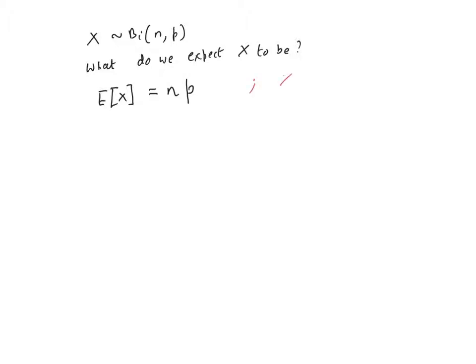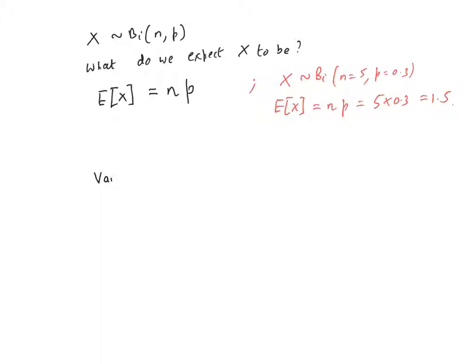And as a simple example of that, if you have X following a binomial distribution with n equals 5 and p equals 0.3, then the expected value of X would be n times p, which is 5 times 0.3, which is 1.5. So on average, we'd expect that random variable to take the value 1.5. Of course, it never takes the value 1.5, but the average of all possible values in the long run that that random variable could take would be 1.5.